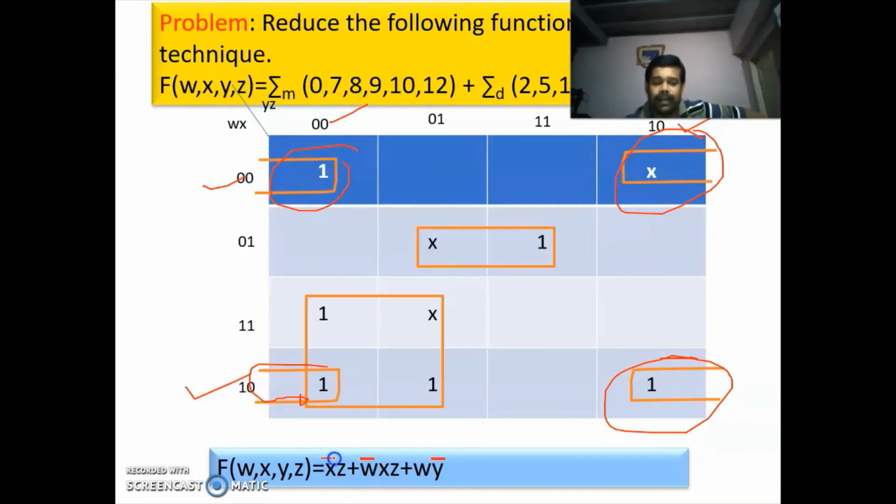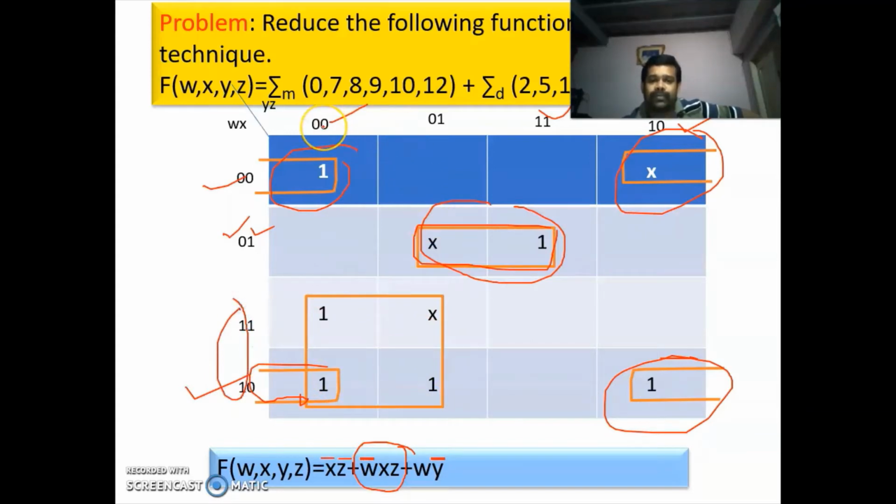So X bar Z bar. Next, the expression for this term is W bar X Z. Then the expression for this term is W Y bar. So these are the expressions.